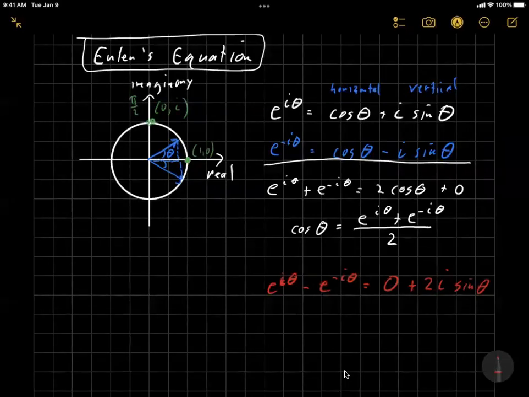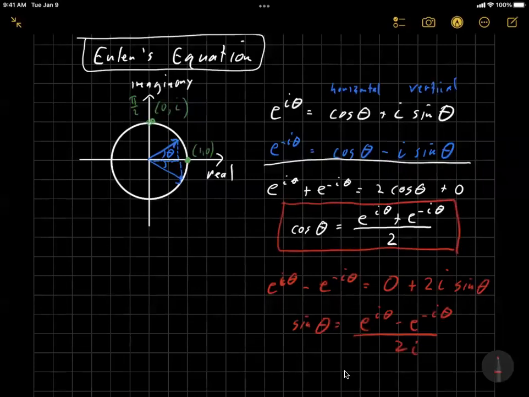Therefore, we can say that the sine of theta is equal to e to the i theta minus e to the negative i theta all over 2i. So with these two equations we can define sine and cosine in terms of Euler's equations.